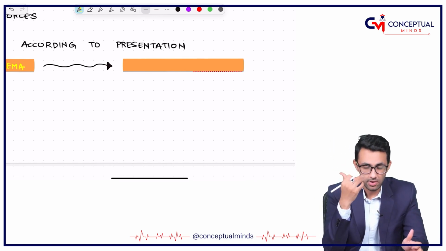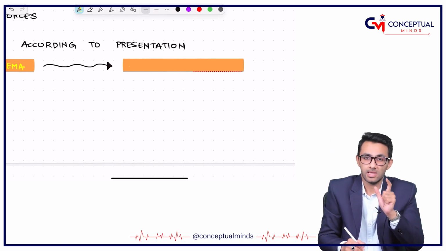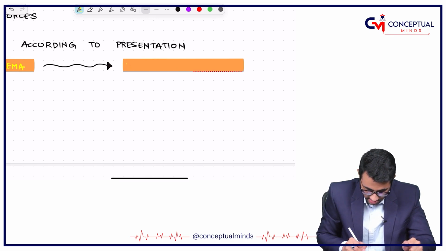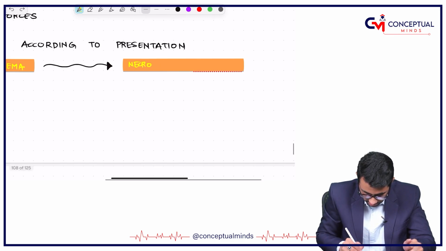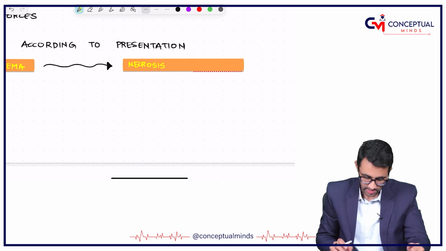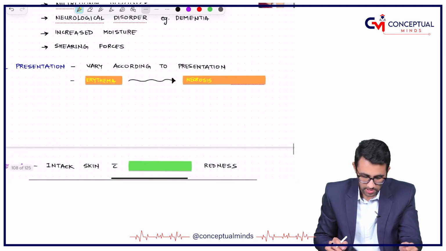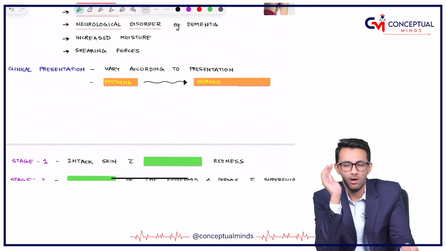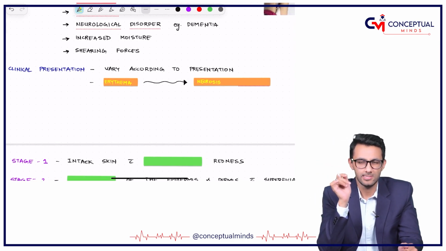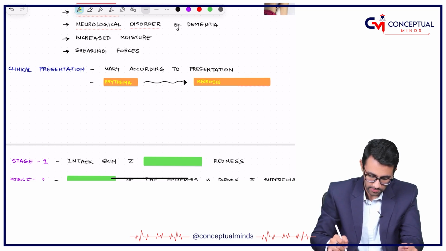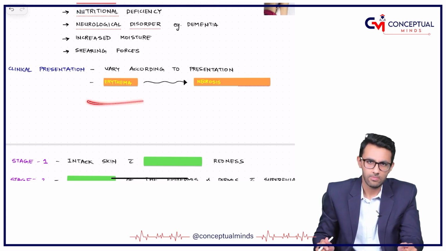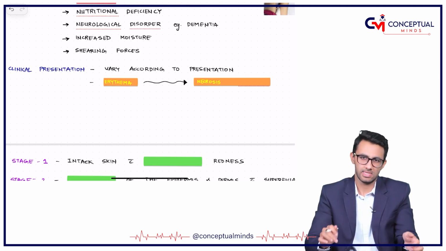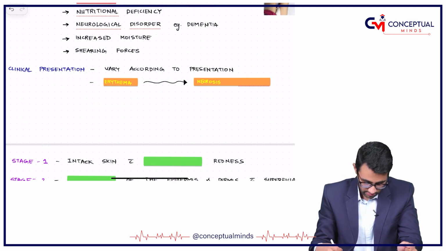Yes, it could have extensive involvement such as necrosis. Alright, yes, so that could be the presentation. Definitely it will vary from patient to patient, depending on the location of the ulcer and everything, but this will be common, how the disease will progress. This is what I want you to remember.